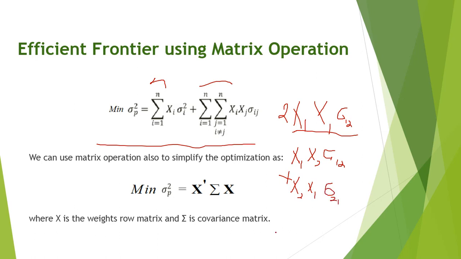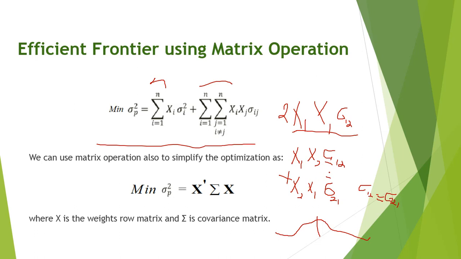Now what happens when we say it's a normal distribution? Sigma 1, 2 is equivalent to sigma 2, 1. They are equal. And multiplying x1 into x2 or x2 into x1 does not make any difference. 2 into 3 or 3 into 2, the product is always 6.